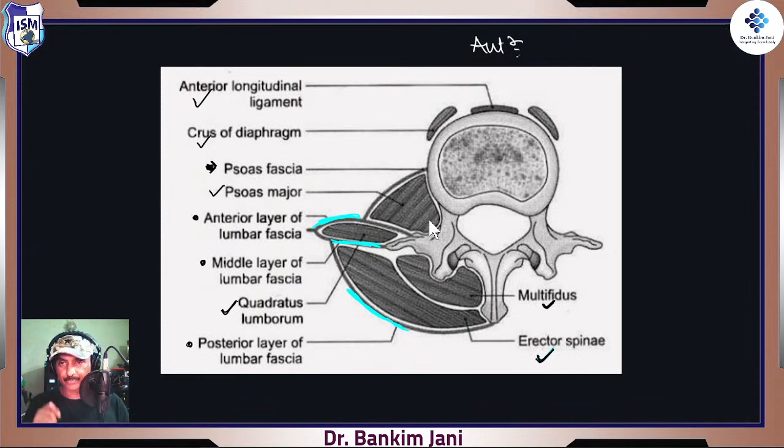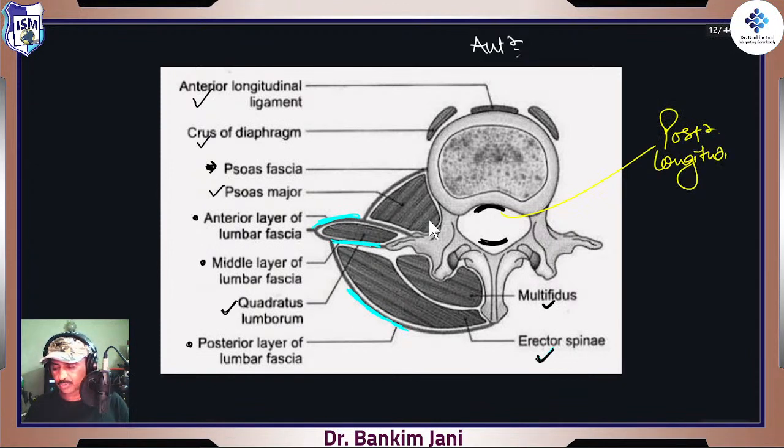I want to add something to this, and that is over here. There is one very interesting ligament which will be over here, and there will be one more ligament over here. If we want to give the name of this ligament, if this is anterior, then we'll be calling this the posterior longitudinal ligament, correct? We'll watch all of them in real sections.